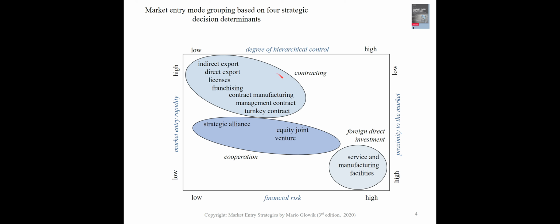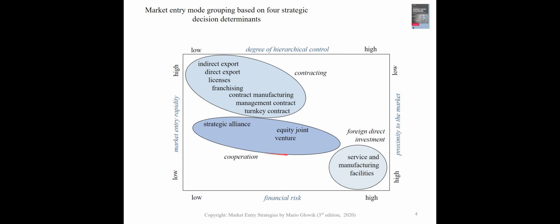In the contents here, there's a certain visual ranking visible. That means it ranges in case of contracting from here indirect export towards here turnkey contract, which means that, for example, the market entry rapidity in case of indirect export is higher than, for example, in case of turnkey contracts.